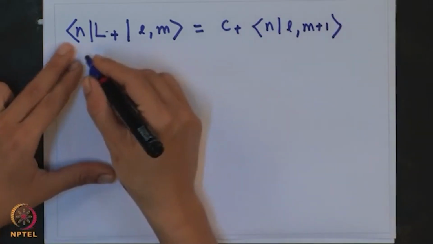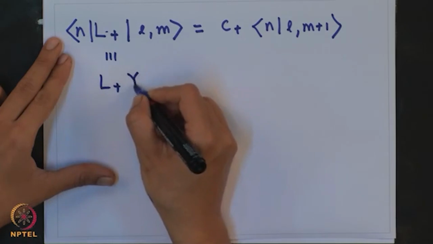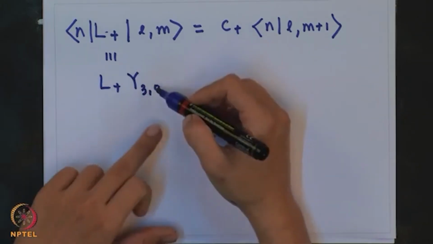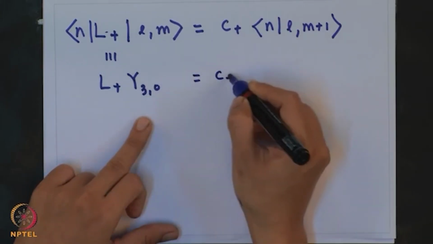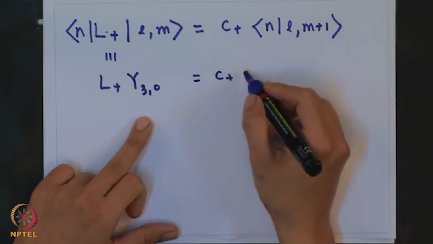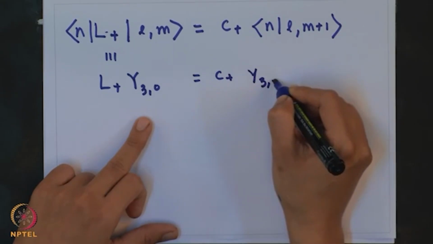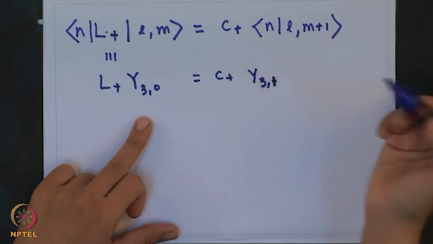So when you do this, it is equivalent to writing L plus psi 3 0, where m is 0 and L is 3, will become C plus times psi 3 1, since 0 plus 1 gives 1.